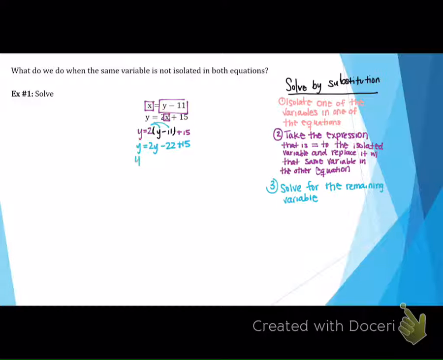Combine 15 and negative 22. Justin, what would you do after that? You've got to get the y's to the same side of the equation. Yep. And then we just have to divide by -1, so we get y equals 7.